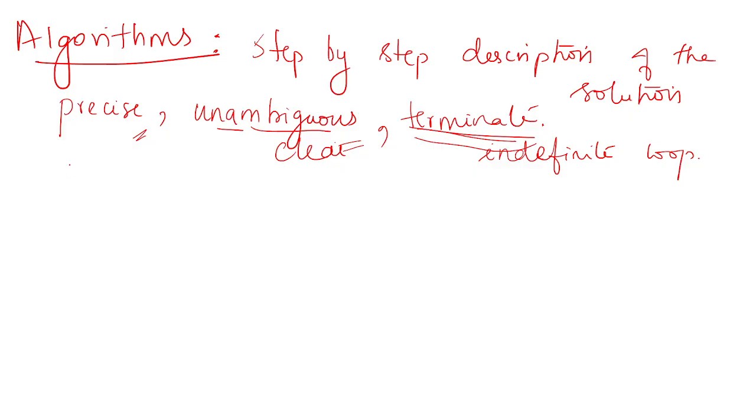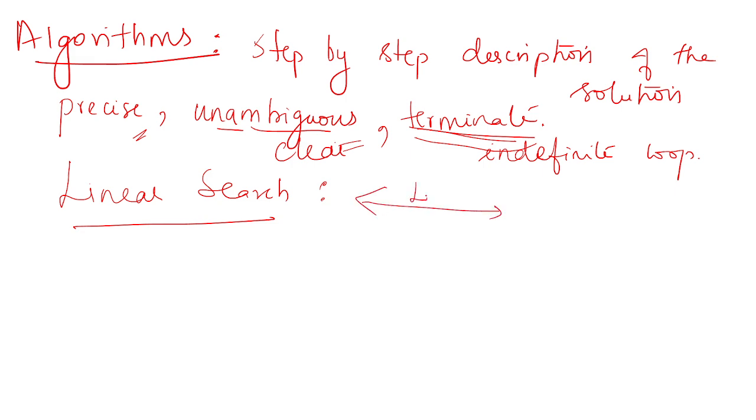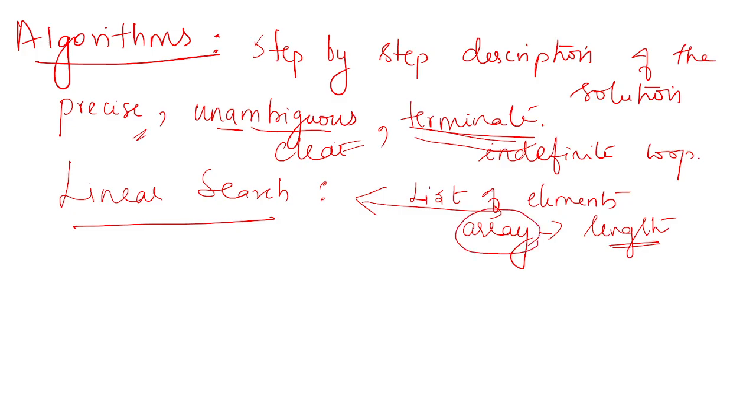Now with this said, we are going to write an algorithm for linear search. As you all know, in linear search you are given a list of elements. Assume that this list is stored in an array like what you see in C. You have to know the length of the array because we need to iterate over each and every element of the array.